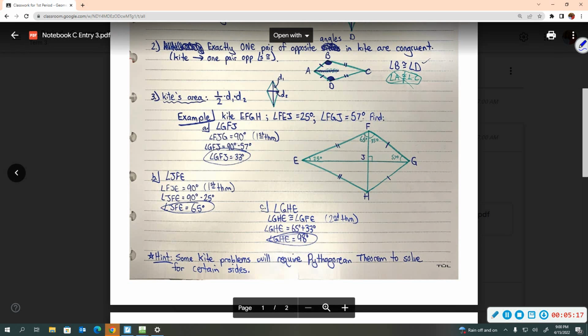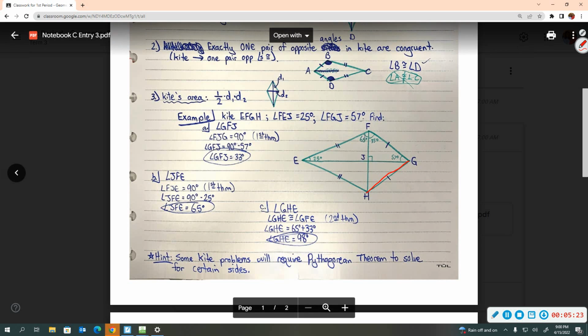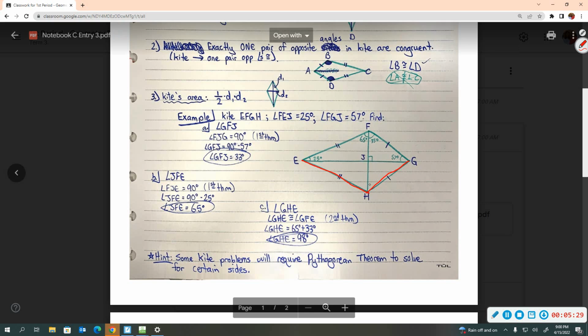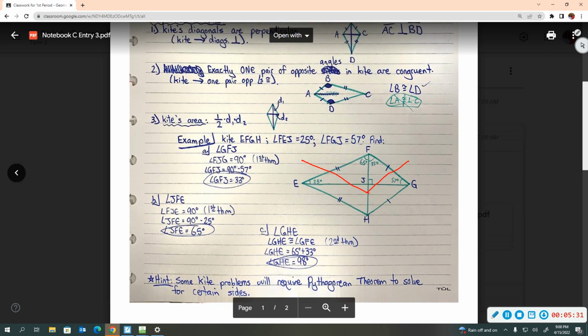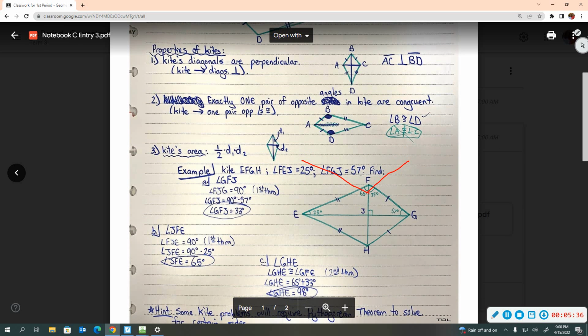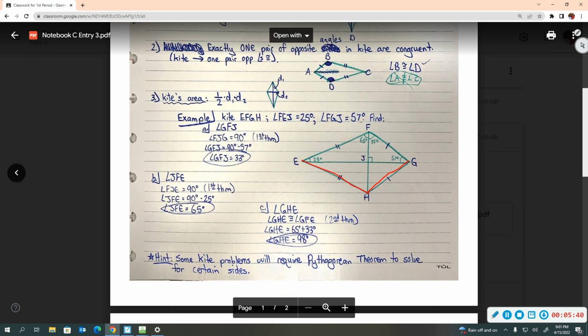Then it asks me to find angle G to H to E. Oh, so the big angle, it's like this one and this one. Which facts want to help me on that? Oh, one pair of opposite angles is equal, like this one and this one, which would mean that this big angle equals this big angle.